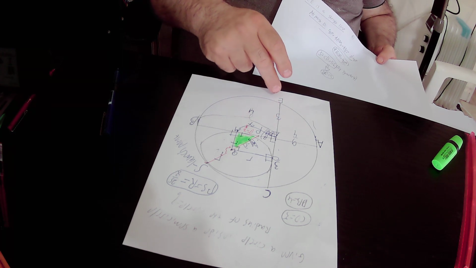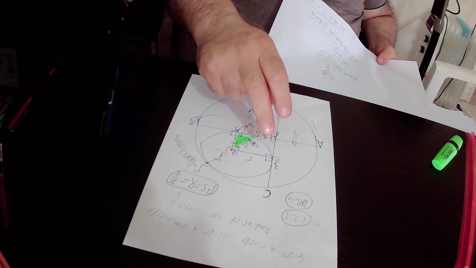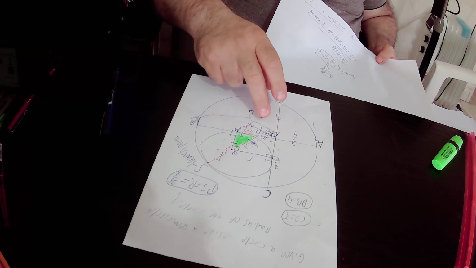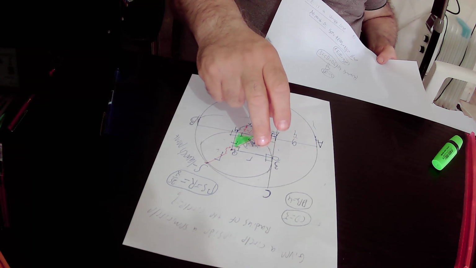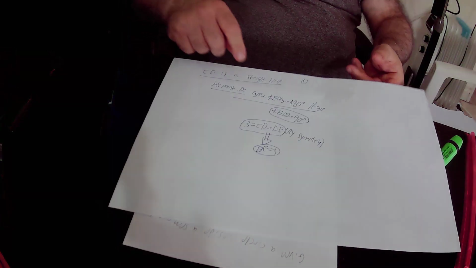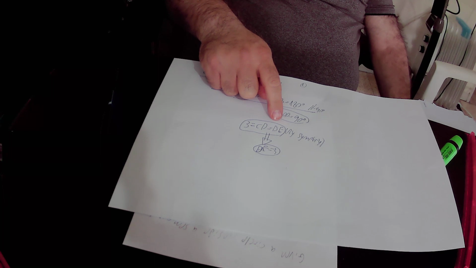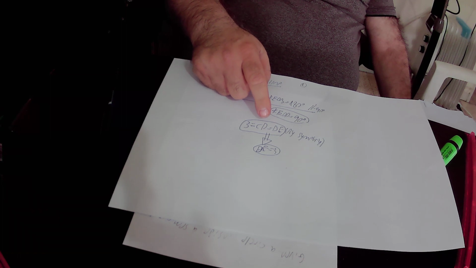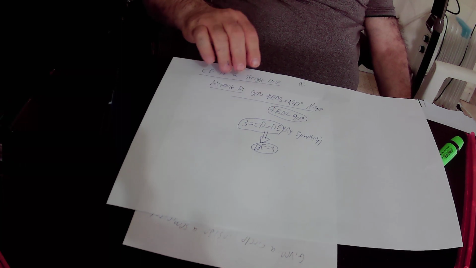Line segment DE is the mirror image of line segment CD, therefore the length of DE and the length of CD must be equal to each other. CD equals DE by symmetry. That is to say, CD equals DE.